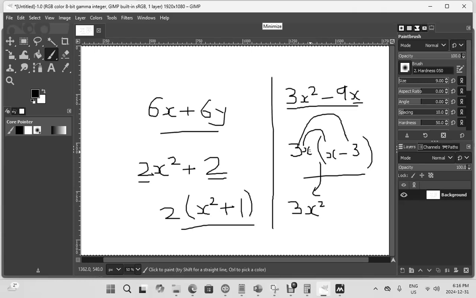So 3x into x is 3x squared, minus 3x into 3 is 9x. We have the solution, and it's the question that we started off with: 3x squared minus 9x. All right, let's look at another example.